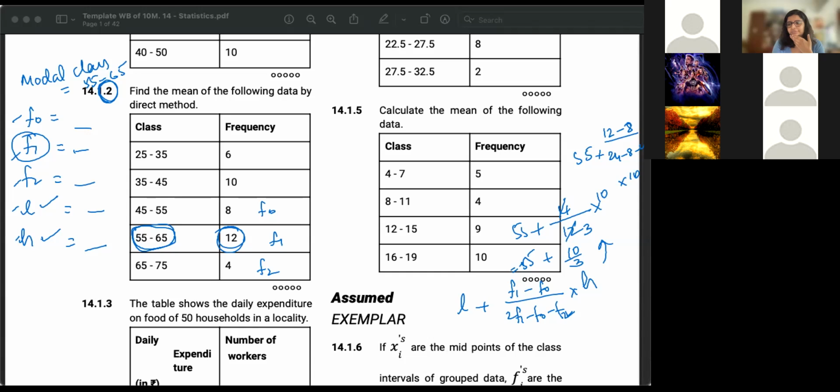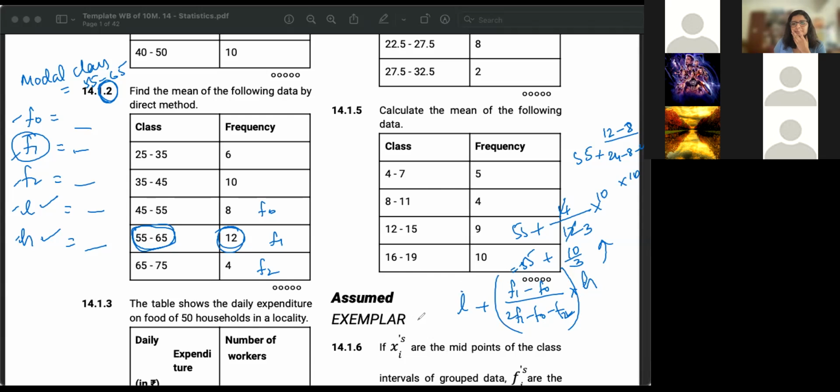Ananya, you need to check. I don't know what exactly happened there, but it cannot be 553. See, H is multiplied only with this. H is not multiplied with the whole thing.